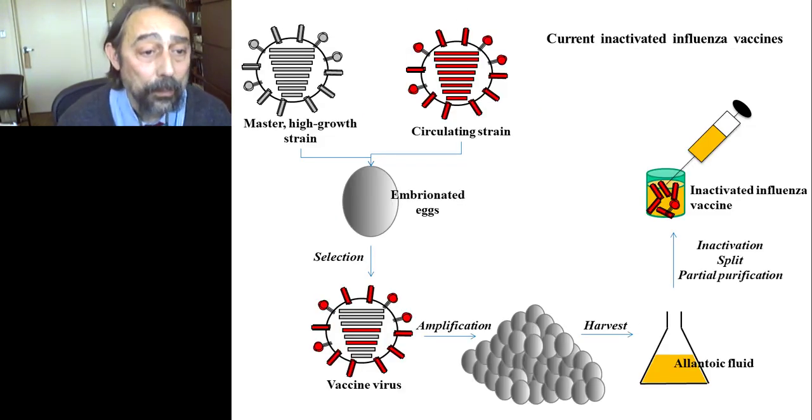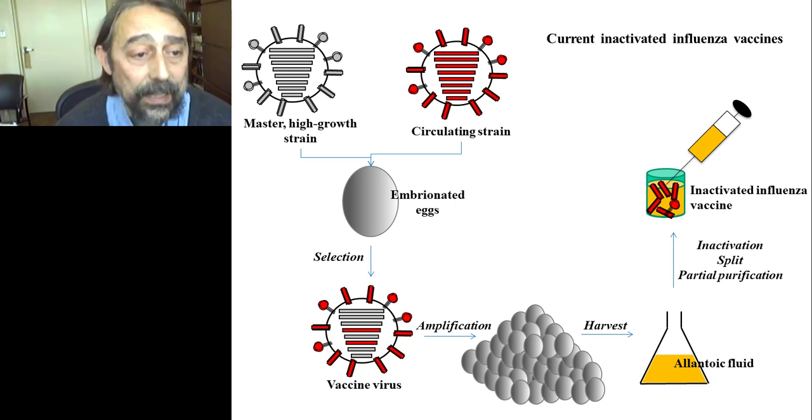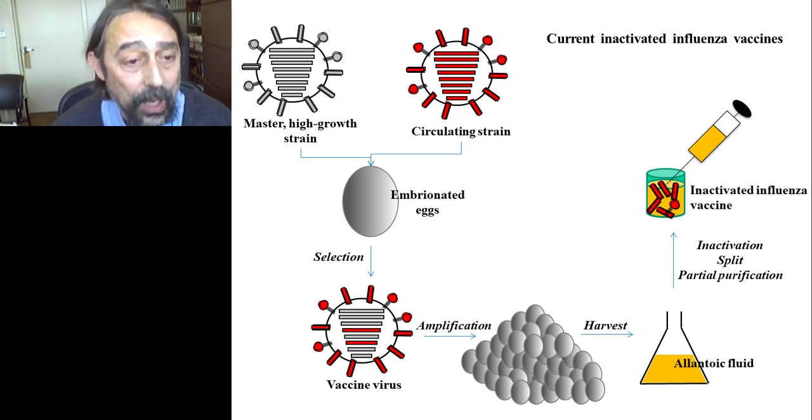Now, how are the vaccines produced? The majority of the vaccines against influenza virus are produced by taking a master high growth strain, putting in the HA and NA genes of a circulating strain, and then propagating in embryonic eggs. The master strain grows very well in eggs, and the circulating strain provides the HA and NA genes.